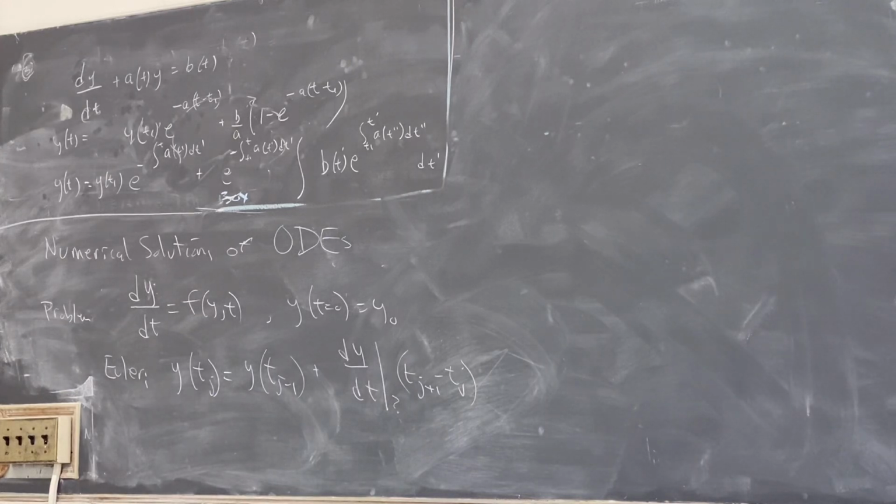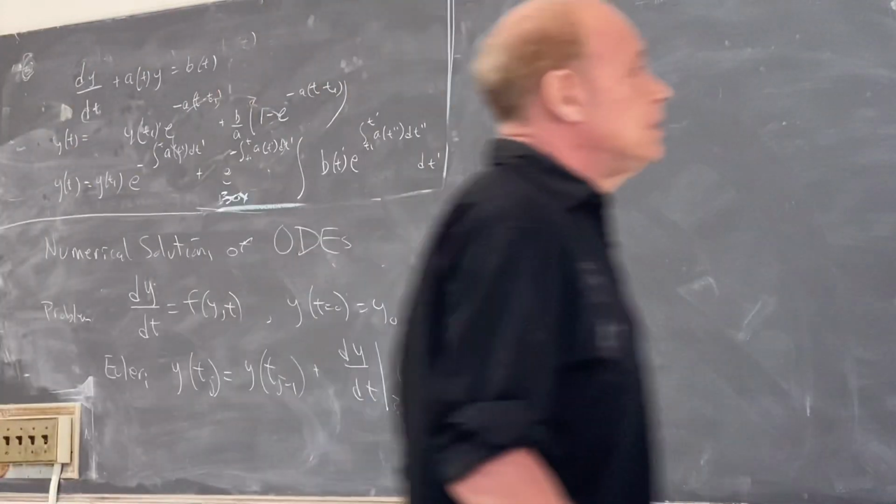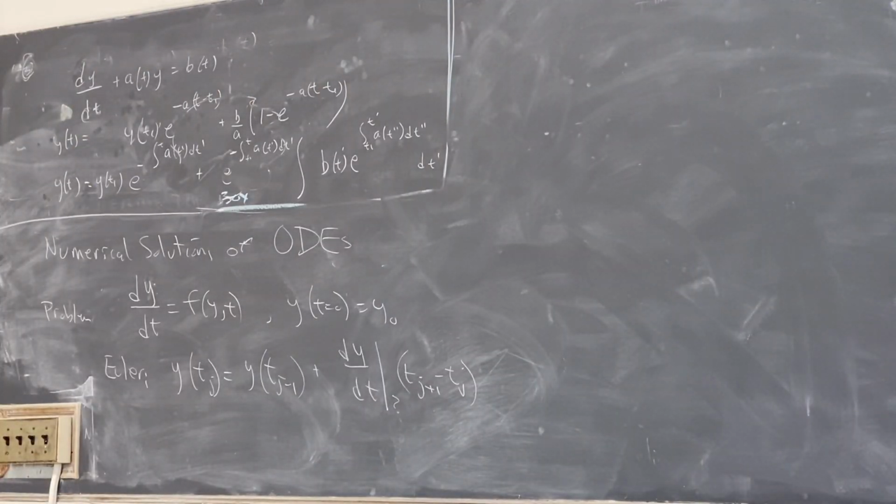Now this comes from Taylor's theorem. Taylor's theorem says the function is the function at the last point plus the derivative times the difference plus higher order terms. If I evaluate the derivative at z0, then I have an error term, which is the second derivative.